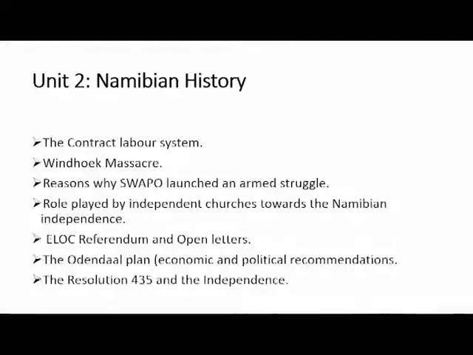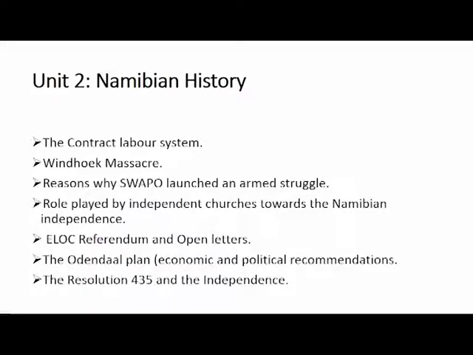For you to be able to find out about this role, you should first ask yourself, what are the independent churches? Why were these independent churches established?